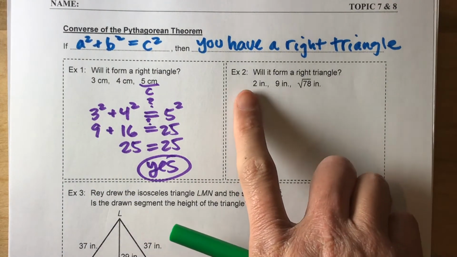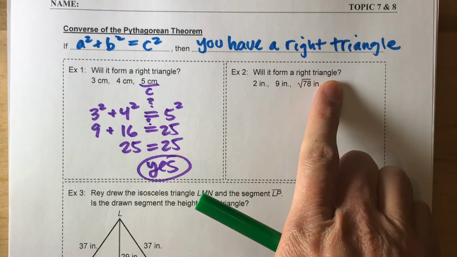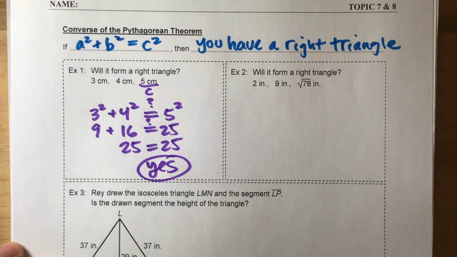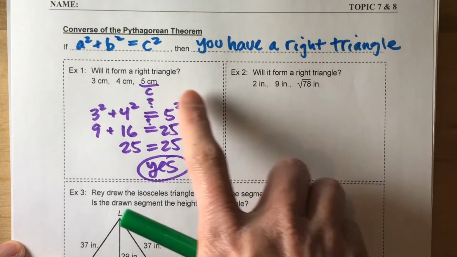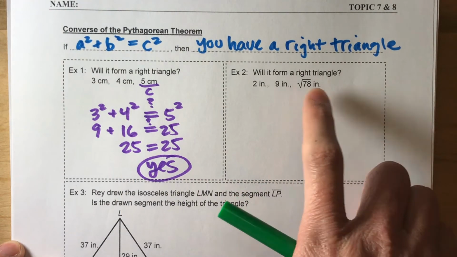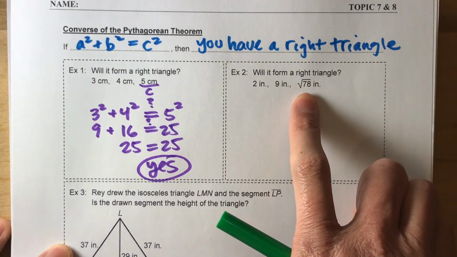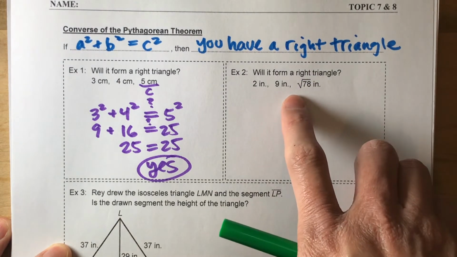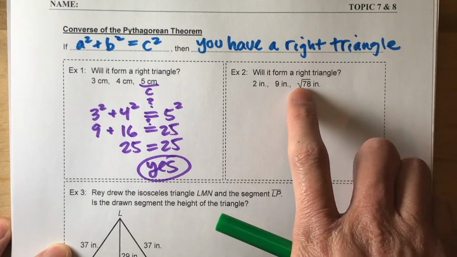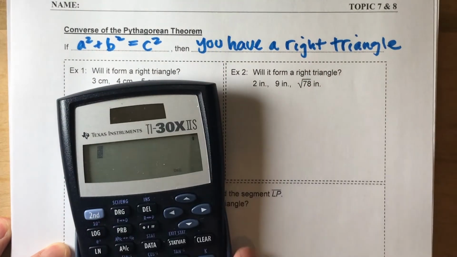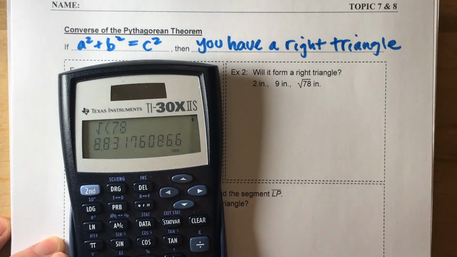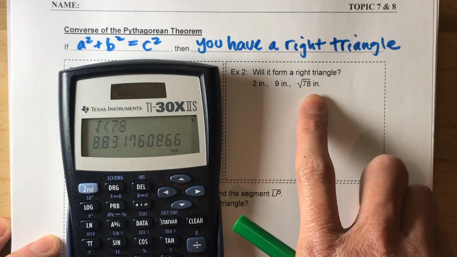Let's do a second example. Example 2, will it form a right triangle? The sides are 2 inches, the square root of 78 inches, and 9 inches. Now, one of the first things you have to know is which side's the longest. Immediately you look at the square root of 78. 78's a big number, but the side isn't 78. The side's the square root of 78. And if I use my calculator, the square root of 78 is actually about 8.8.